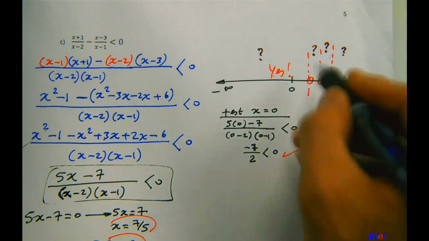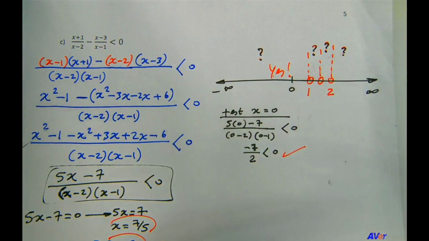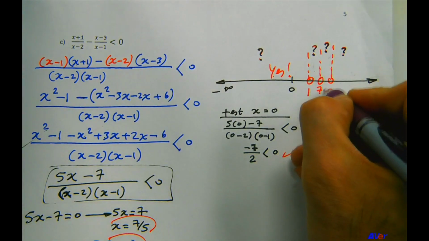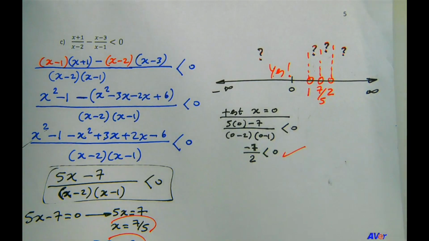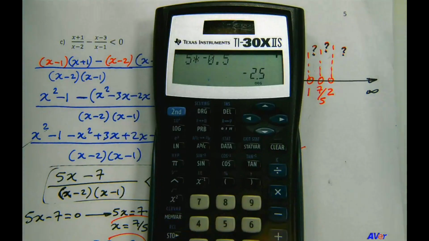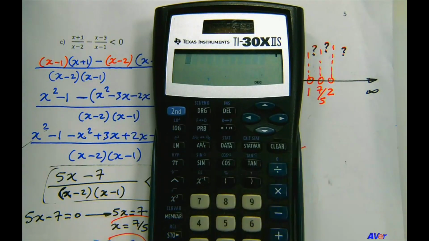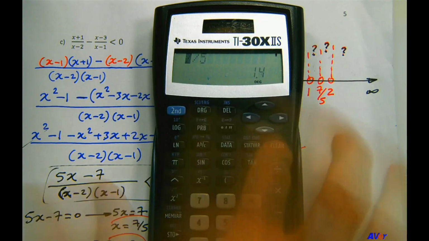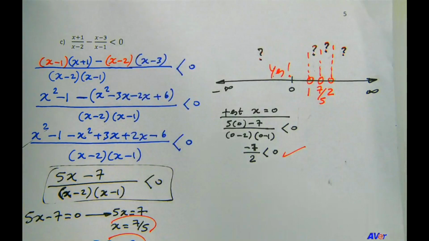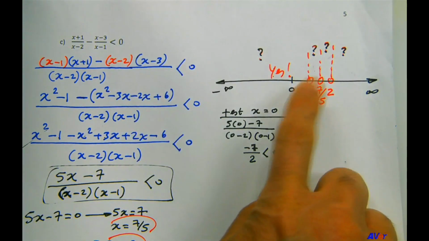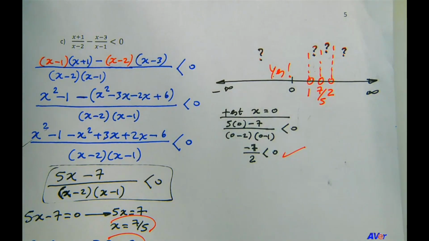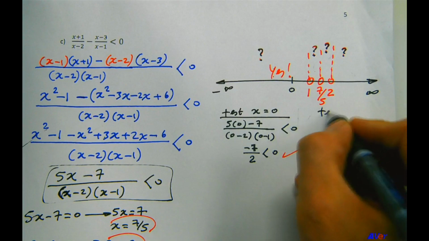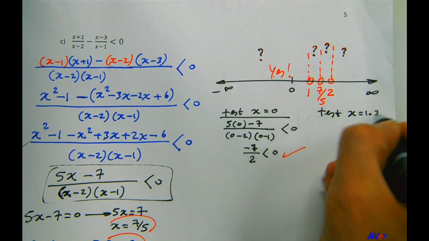Let's test some number between 1 and, let's say, 7/5. This was 7/5, right? So 7/5, what is that exactly? It is 7 divided by 5, 1.4. So if 7/5 is 1.4, then 1.2 would be between 1 and 7/5, right? So let's test x equals 1.2.